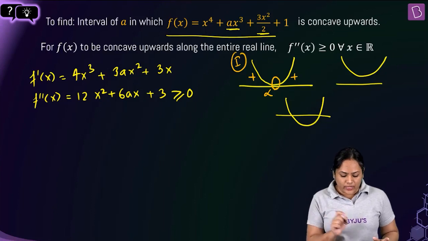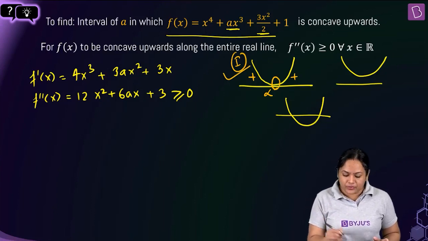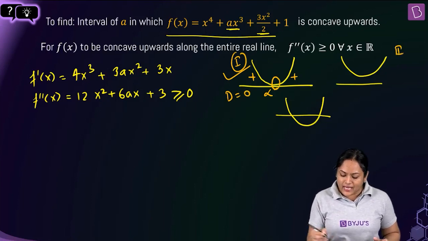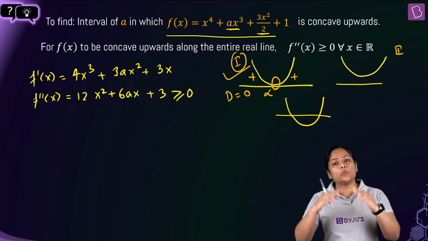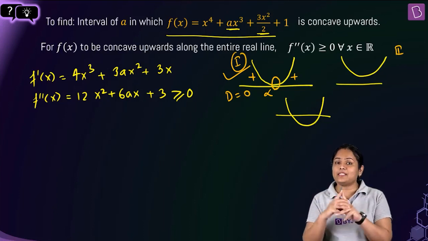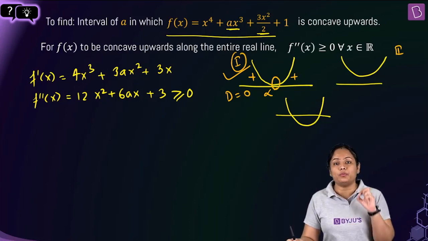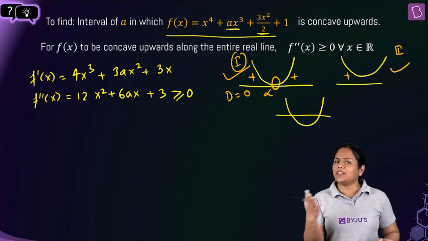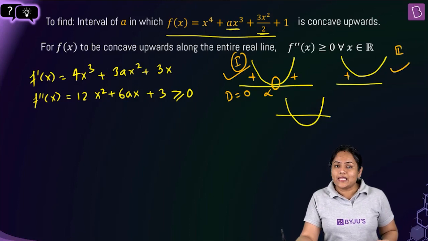So this is obviously allowed. That means D can be equal to 0. In the second case, I have a quadratic which is totally above the x-axis. That means f''(x) will always be positive. Again, this is allowed, it's concave upwards.